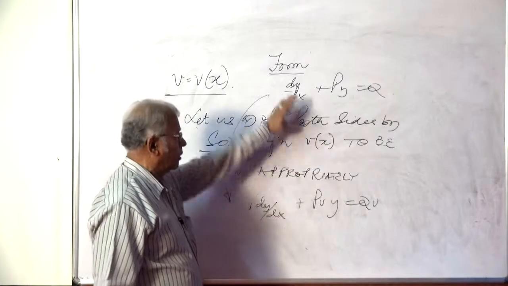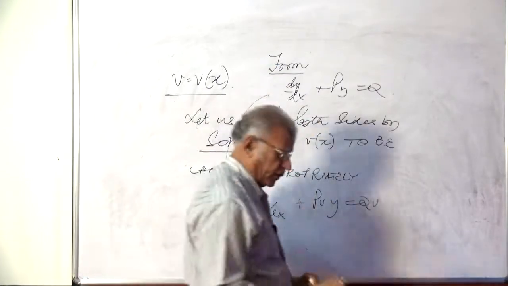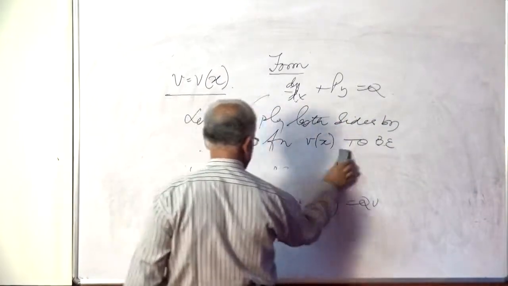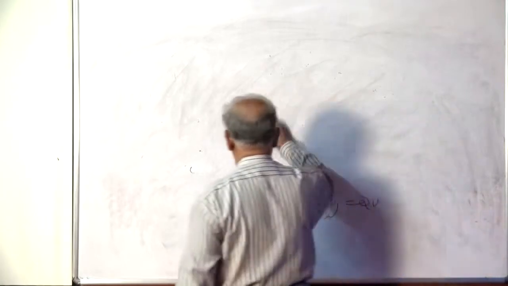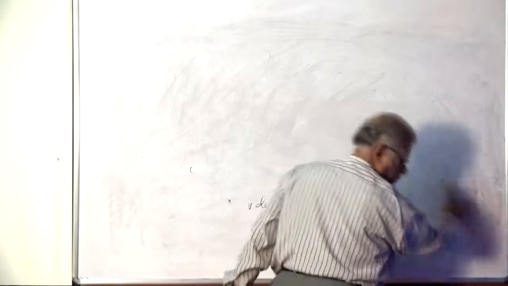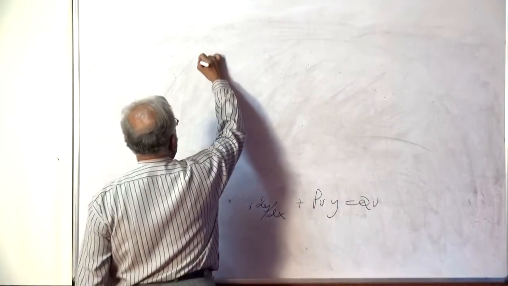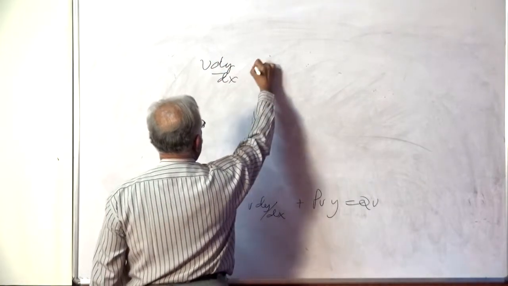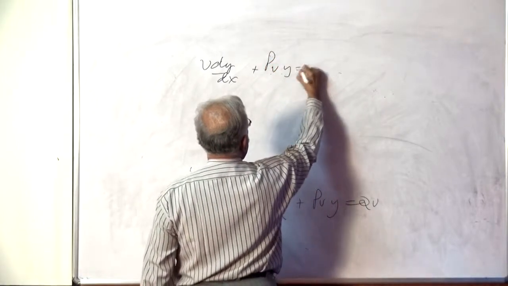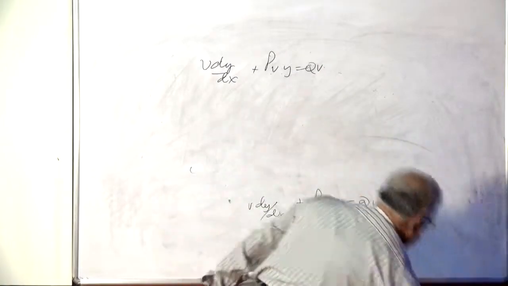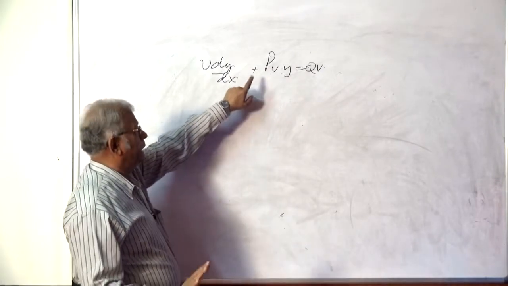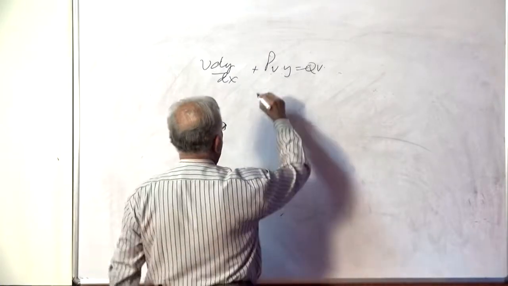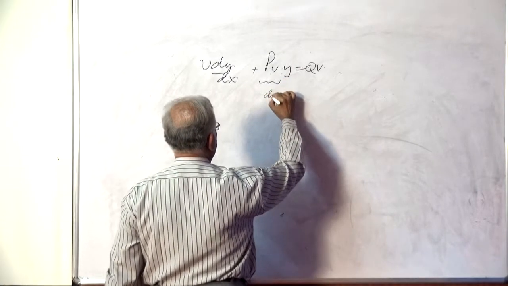We will take this equation on top, rub out this, and narrate the philosophy of choosing V. This comes to our advantage if we choose the function V in such a way that PV is nothing but dV/dx.